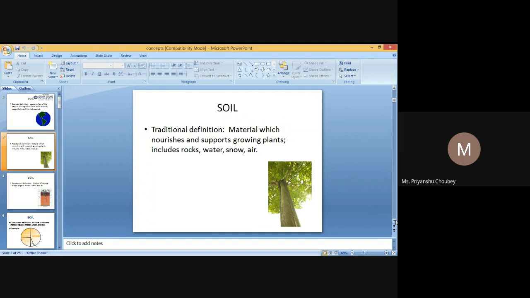For a further explanation of a factor, use the button to return to this slide. Advance two slides on soil processes by click.